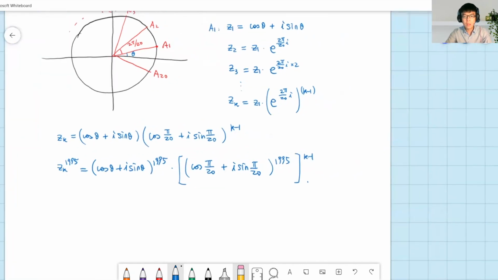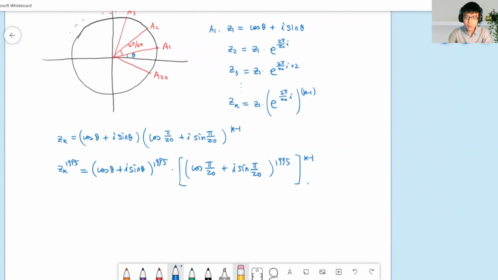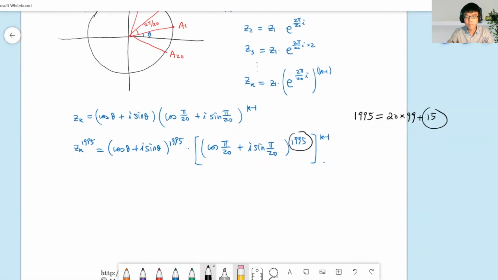Remember, if it's the 20th power, that becomes 1. For the second part, 1995 divided by 20 has remainder 15. It's 20 times 99 plus 15. So I can basically replace 1995 by 15 because it's periodic by 20.